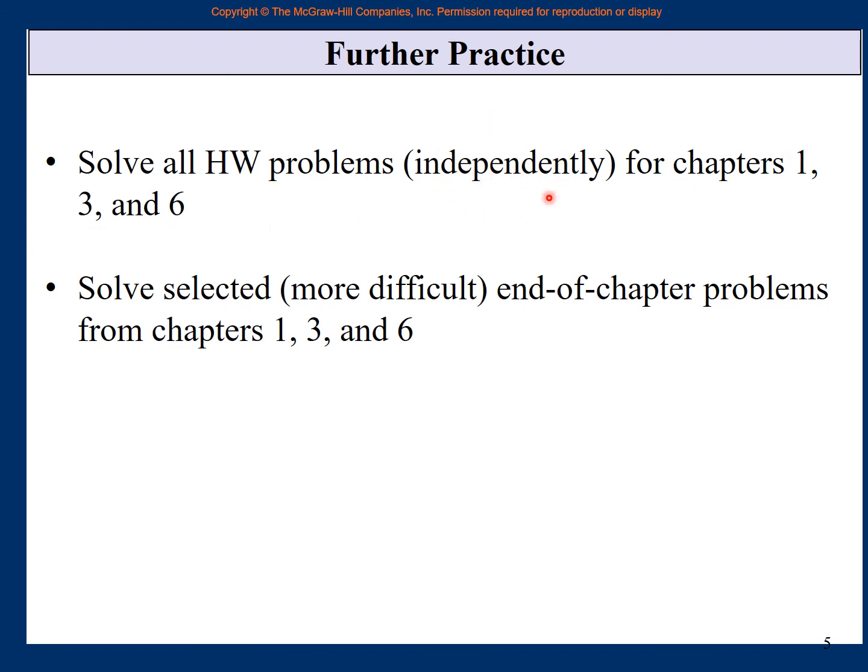You can of course solve together with anybody, but in the end you should be independent in understanding and solving them very clearly. And for those of you who want an A- or A grade, go to the end of chapters 1, 3, 6, and select only one or two more difficult problems, and then you will be done, right?